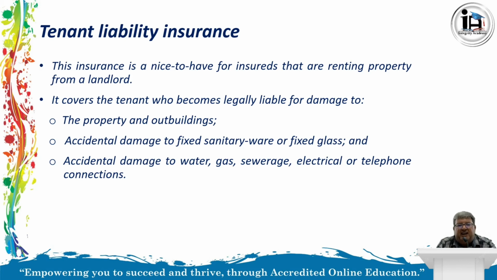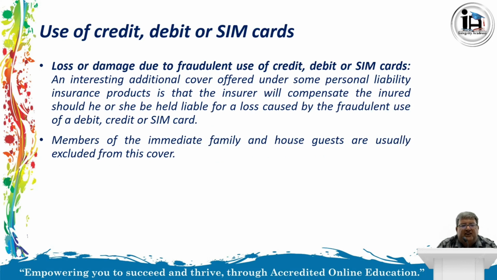So you can also take out insurance that should your kid hit the cricket ball through the window, the insurance will pay for that. That's tenant liability insurance because you as a tenant are liable for the damages.